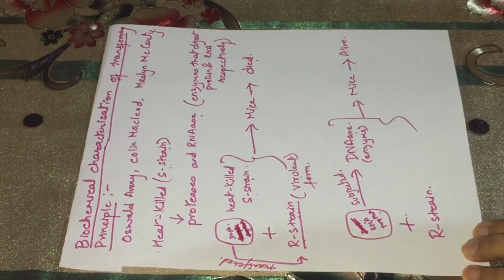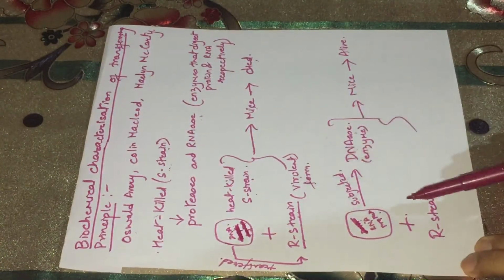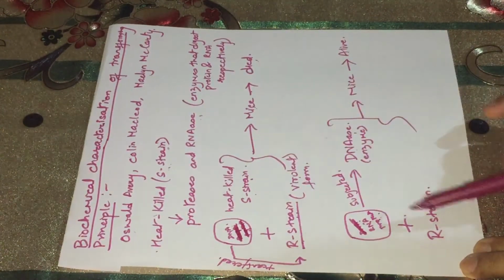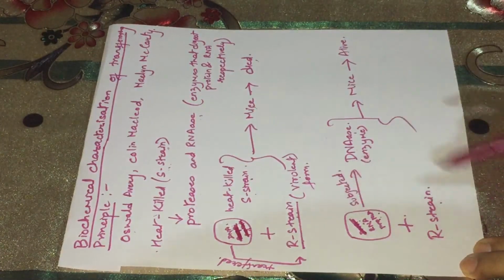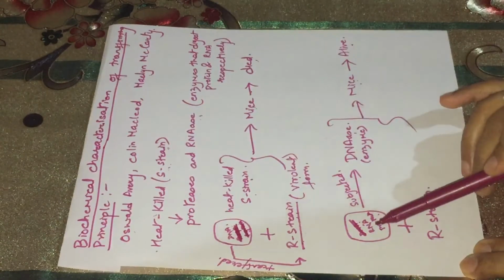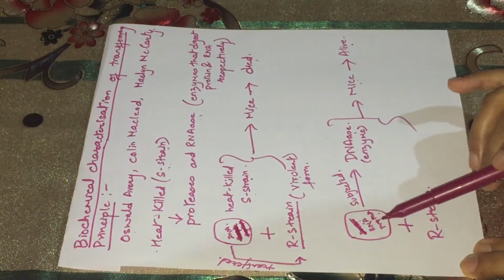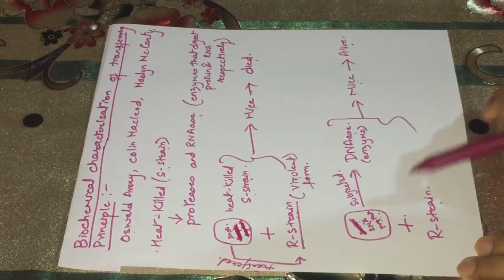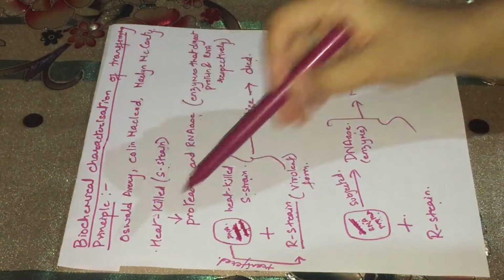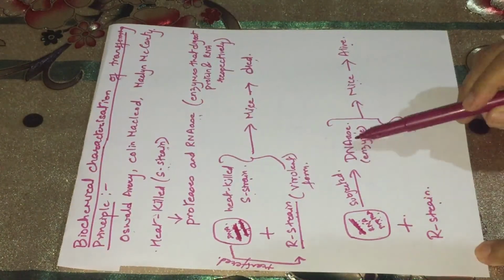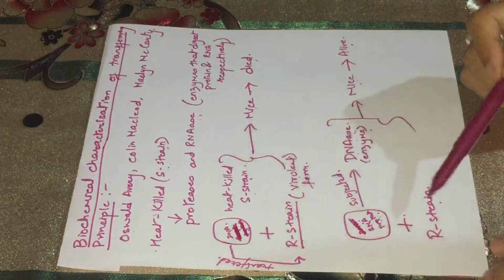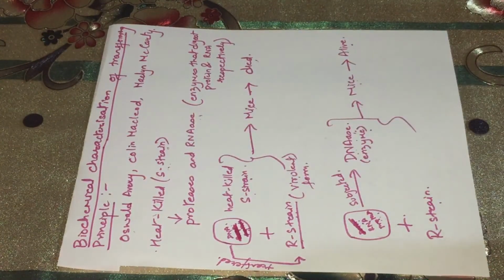But here, the heat killed S strain bacteria plus R strain bacteria, when injected together into mice, left them alive, because here the biochemicals were RNA and protein, and DNA was already digested. So when DNA was digested with the DNase enzyme, that inhibited the transforming principle.